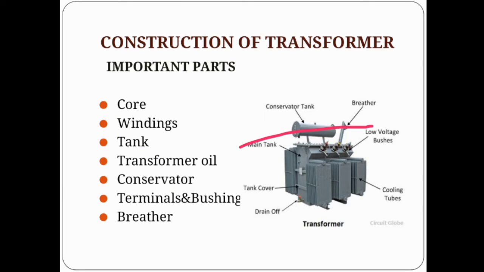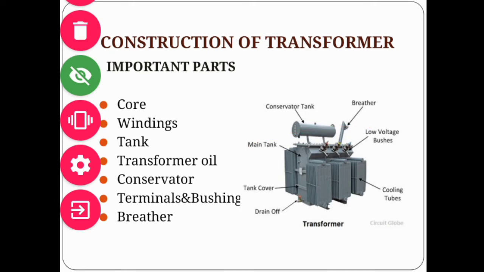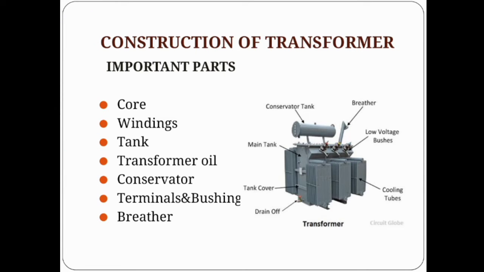So far we discussed the basic principle of transformers and the types of induced EMF in transformers. In the next slide I will explain the construction of the transformer. A transformer mainly consists of these parts: core, winding, tank, transformer oil, conservator, terminals and bushings, and breather.